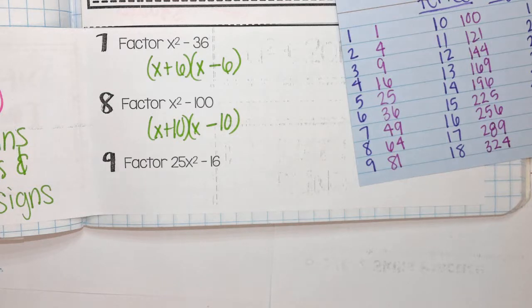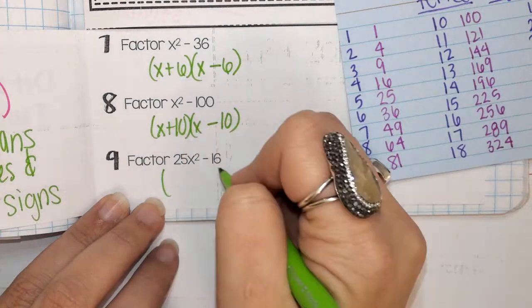Do the last one without me. Done. Because he worked ahead. All right, what'd we get?